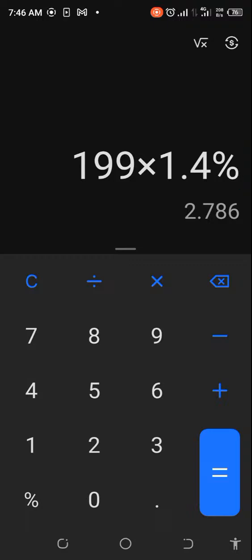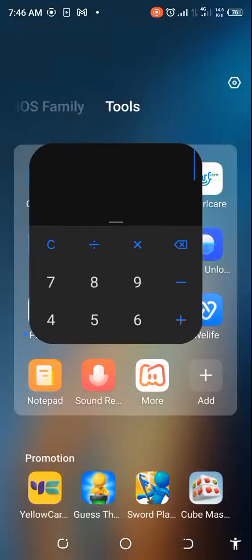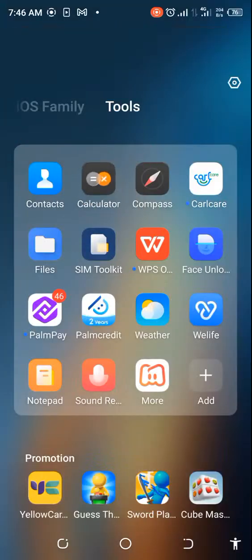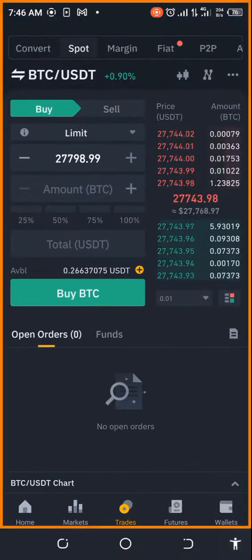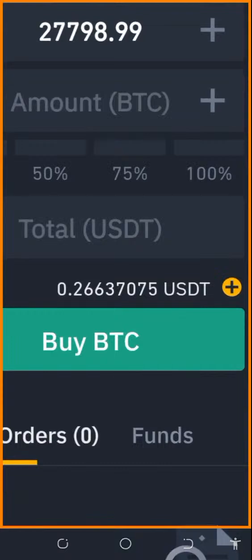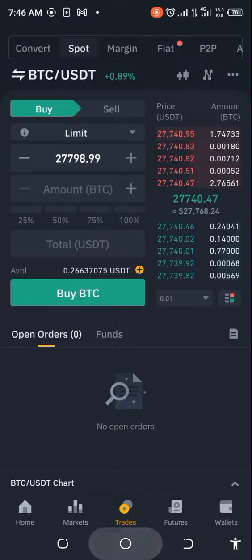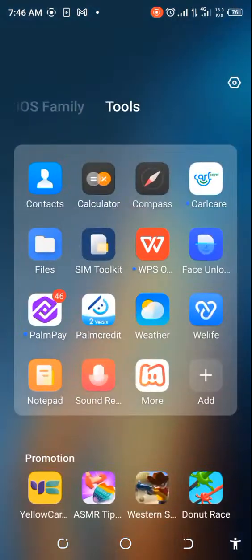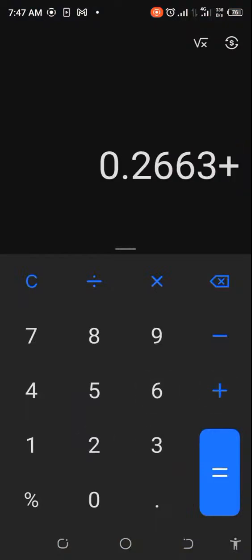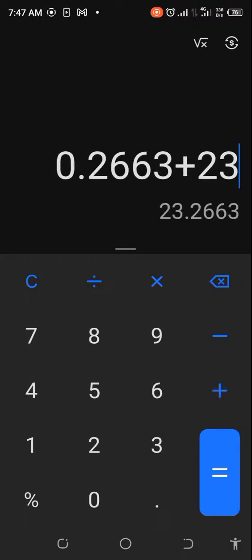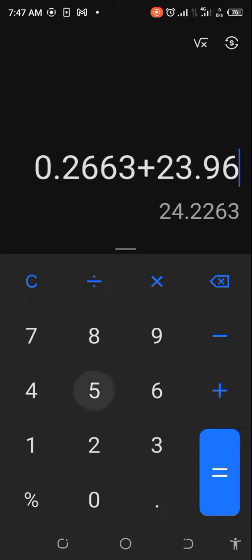So let's now go back to the global amount. The global amount really is we have to add what we've made plus what is in Binance. So what do we have left in Binance? We have 0.2663. Let's take that and add it to our 23.9658.